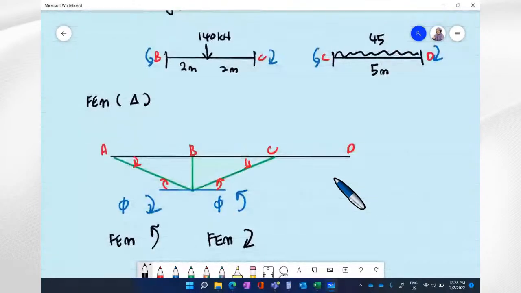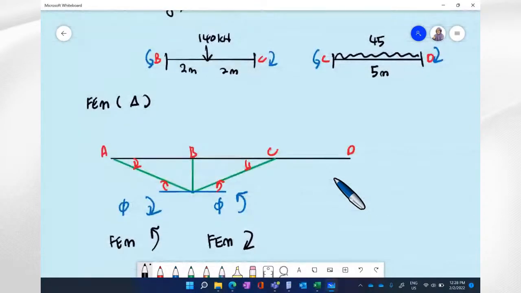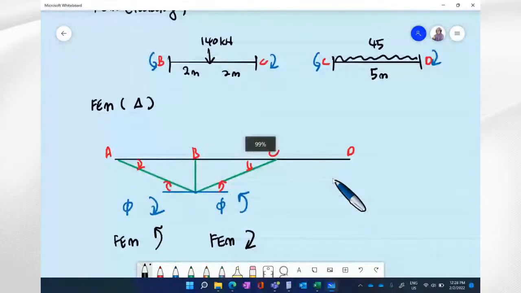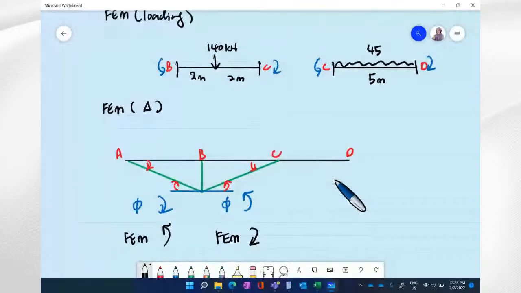This is what everyone should understand about the fixed end moment considering support settlement. Whenever we need to analyze a beam with settlement, don't forget to include FEM due to loading as well. So what we need to do is add the FEMs.